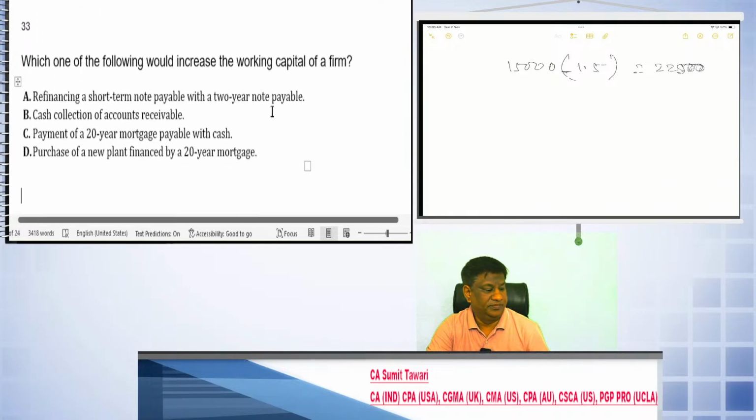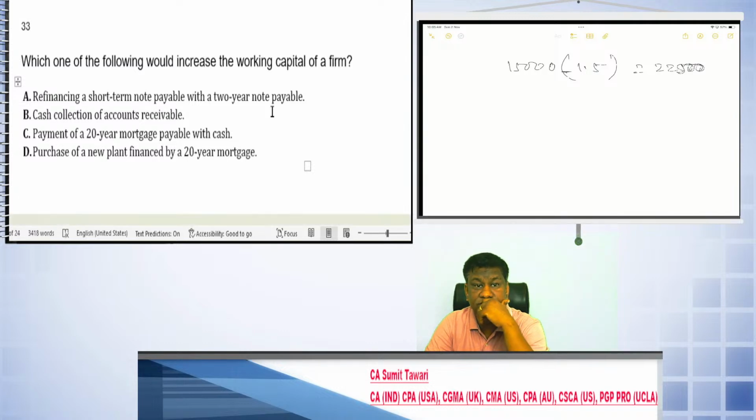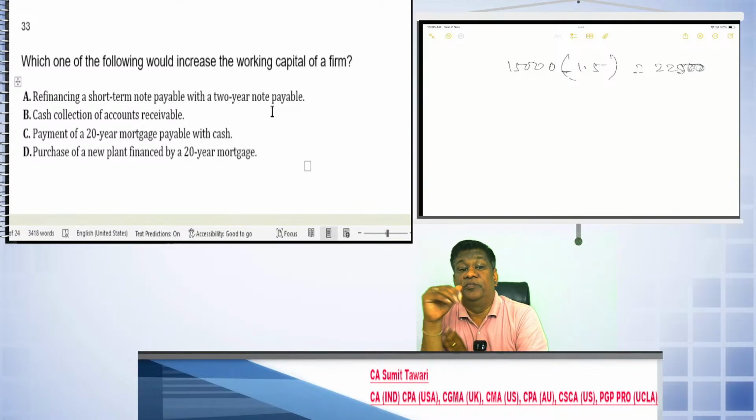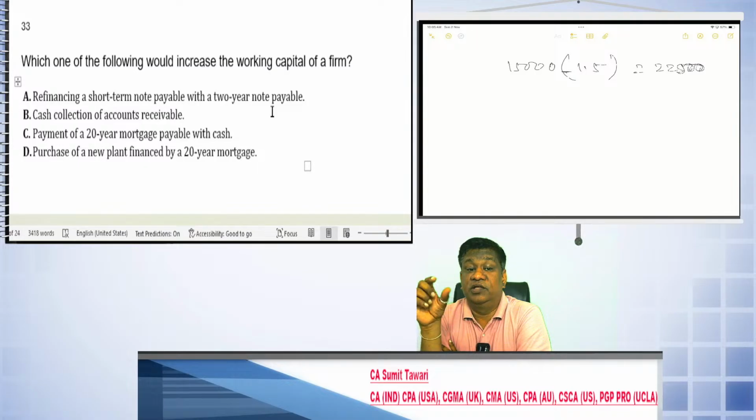Question number 33. B, sir. Which one? B, cash collection of. No, because of cash collection, there is no impact because cash increases and account receivable decreases.